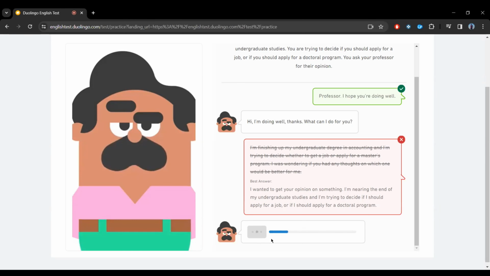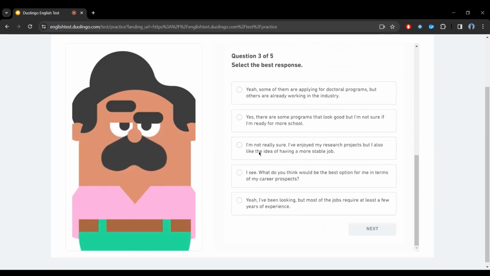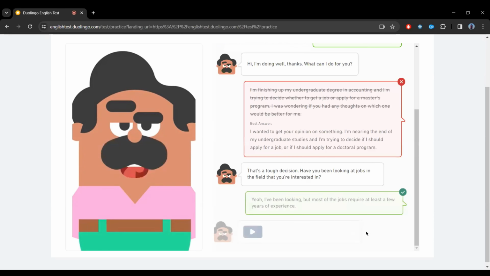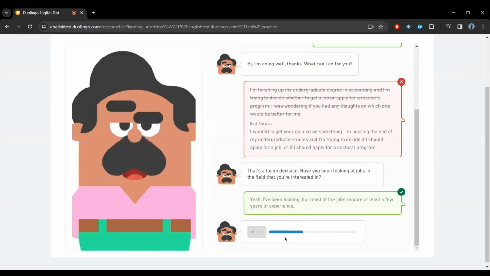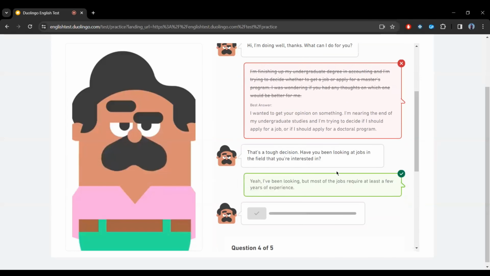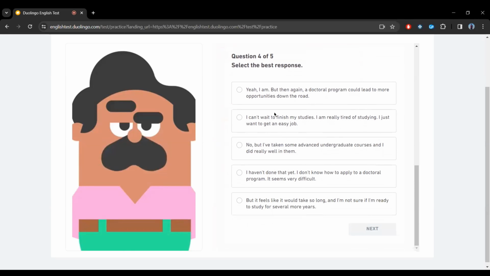That's a tough decision. Have you been looking at jobs in the field that you're interested in? Yeah, some of them are applying for doctoral programs. I'm into research, but I'm not really sure. That's true. A doctoral program would give you the opportunity to gain more knowledge and research experience in your field so that you can eventually get a job that you want.